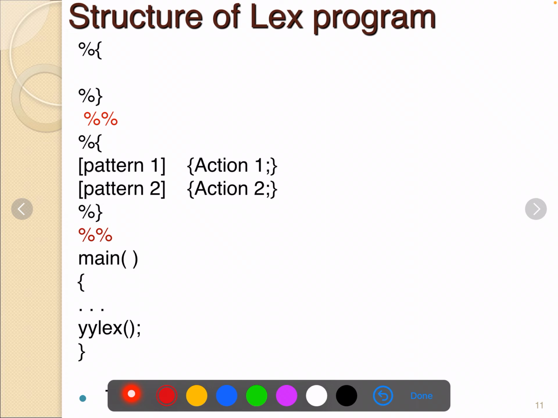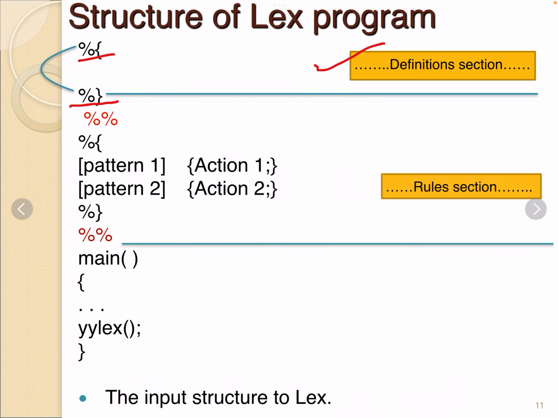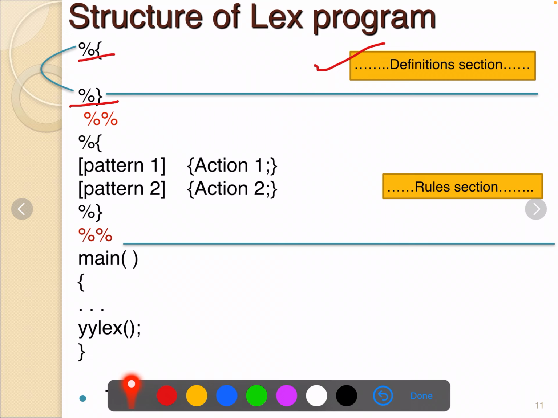So this is called a definition section, which is enclosed within delimiters of these two types, and there is a separator between the definition section and the next section, a double percentage, indicating that it's a separate section.